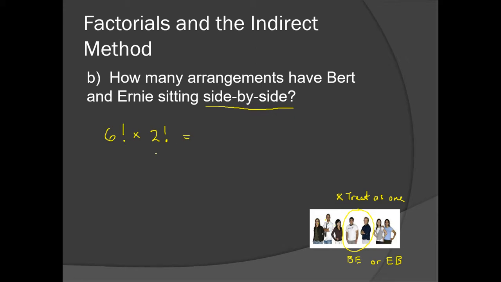Now we can evaluate this: 6 factorial times 2 is 1,440 ways to keep these 2 guys together.